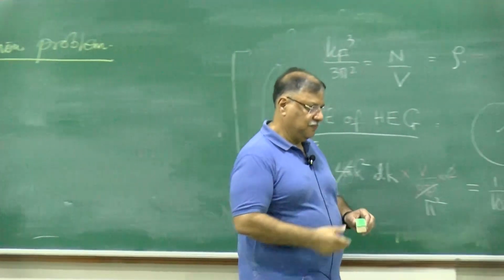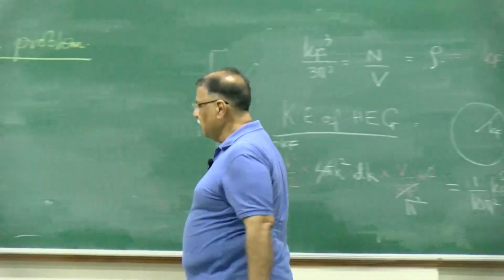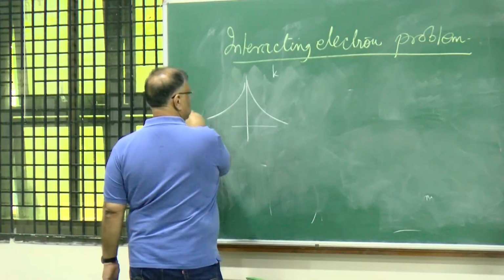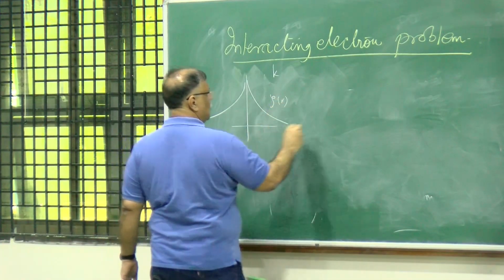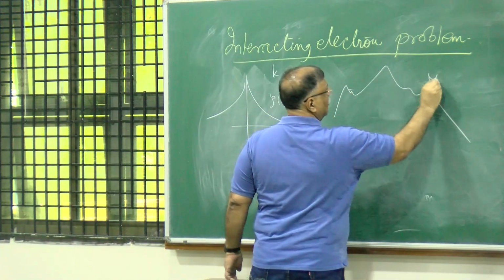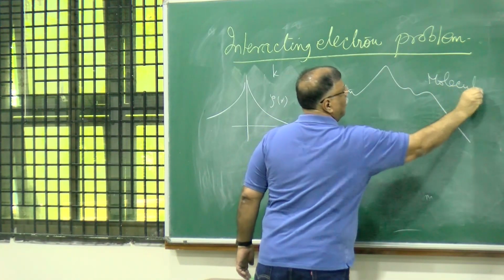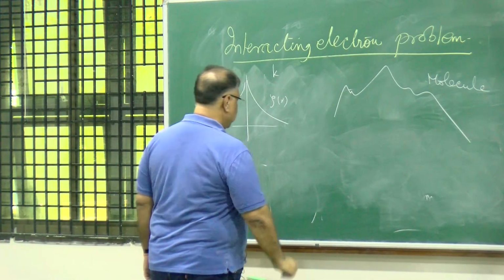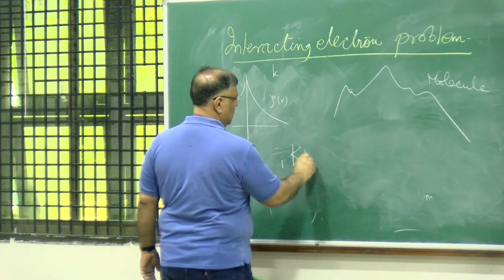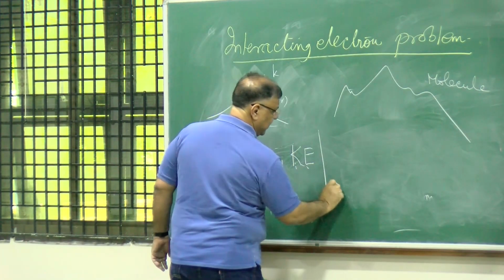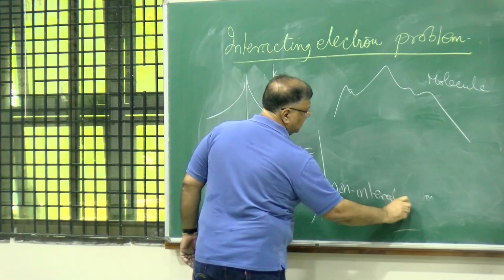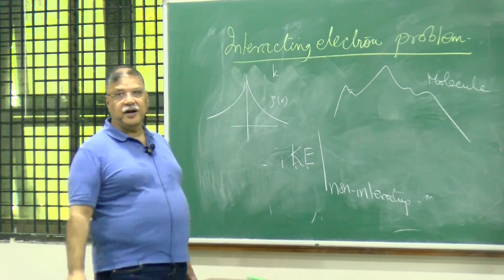Let us write, even if I have an atom, rho of r, or a molecule, or whatever, the kinetic energy, and I'll call this non-interacting because I've taken electrons to be non-interacting.